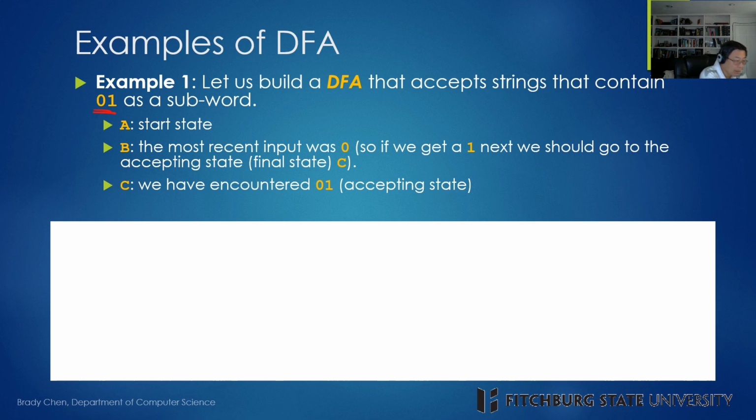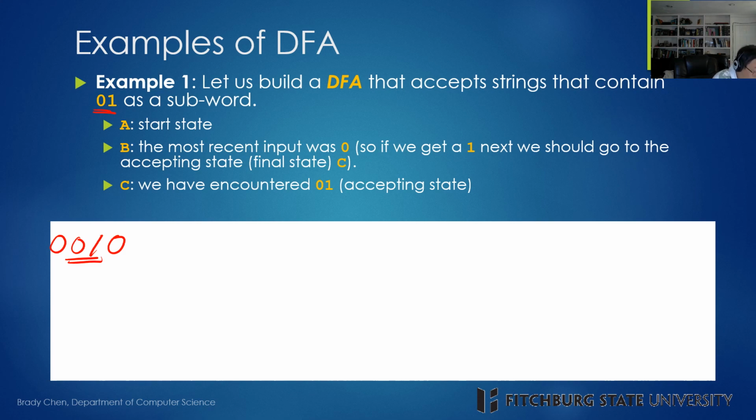That means the finite automata we want to build will accept strings like this: 0, 0, 1, 0, because this input contains 0, 1 as a subword.